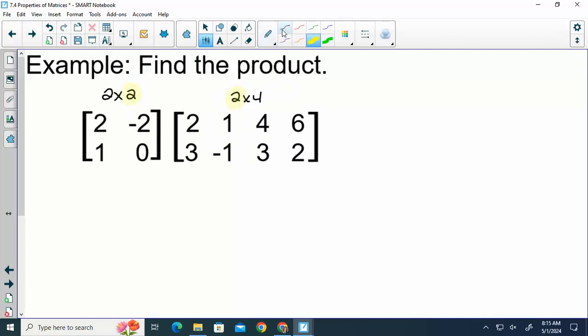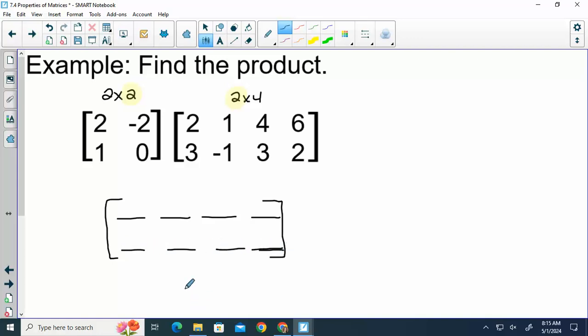How big will the final answer be? 2 by 4. So you can show as much or as little work as you need. I'll try to write it out at least for the first couple, so we're understanding where things are coming from.